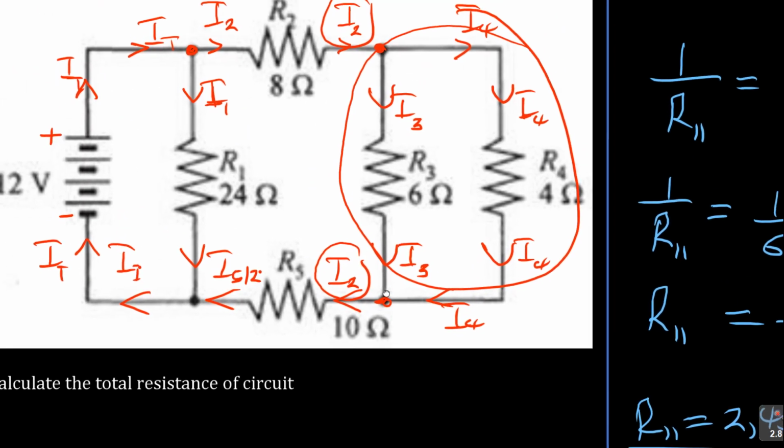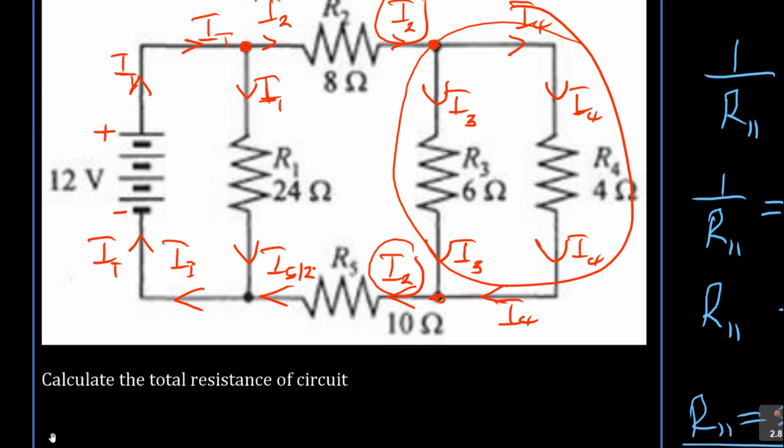So what am I having? I'm having my new diagram. I just want to draw it on top here. After this, I'll have a new diagram like this, with a new resistance like this, and then it continues.